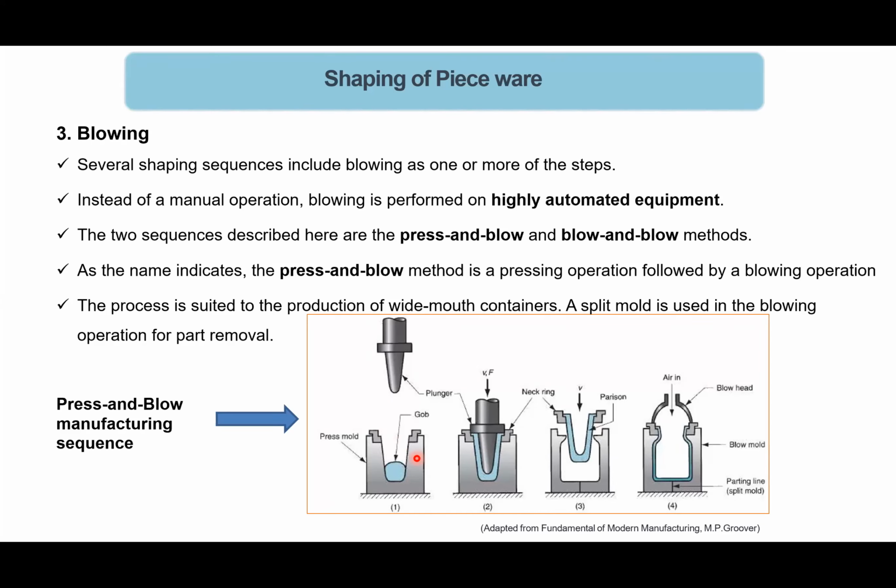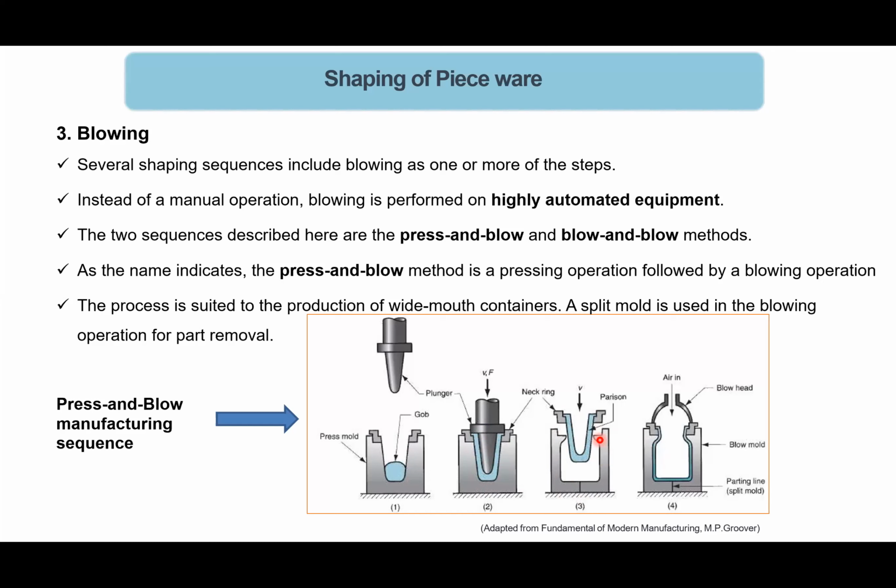Actually, we first make a kind of conical structure for the blowing operation. We put this structure in this place. This is another mold. In the first mold we get a triangular structure, and then we transfer that structure into another mold, which has our final shape, the shape of the bottle.